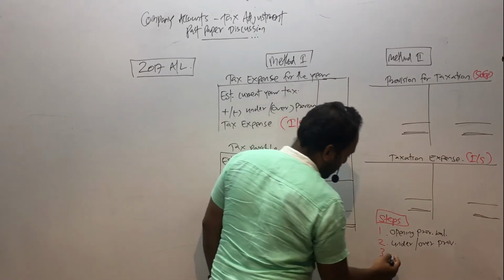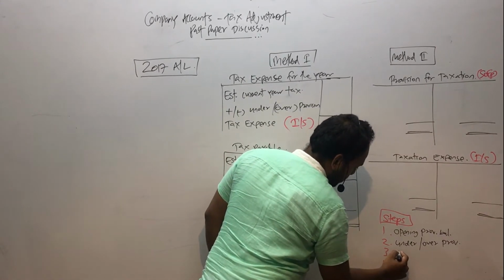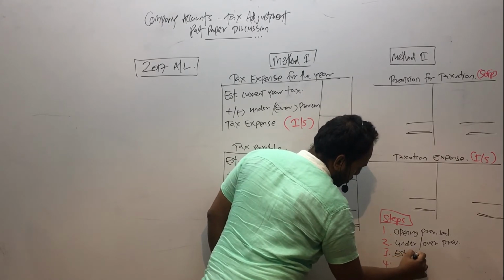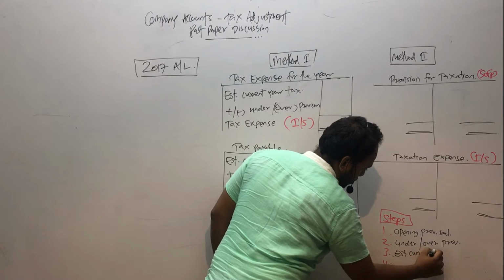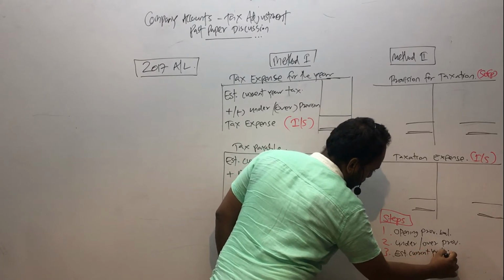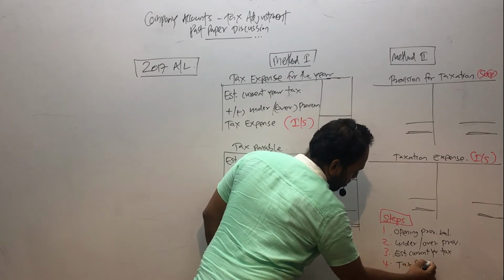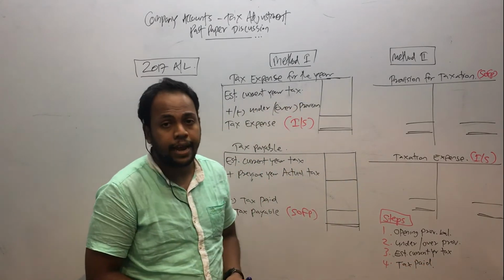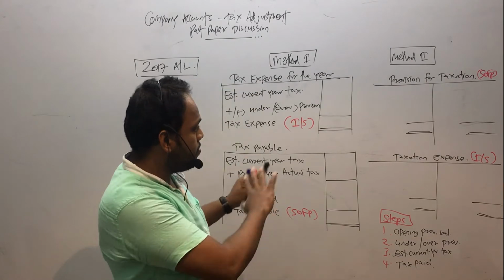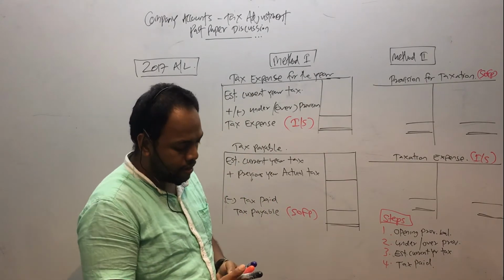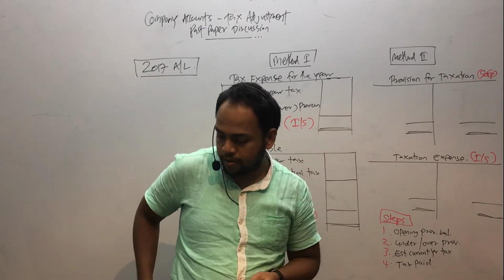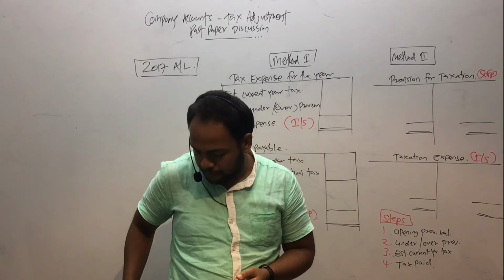Third step, estimated current year tax. Fourth step, the last step is tax payment. So remember this, then you can answer any question from the company final accounts.